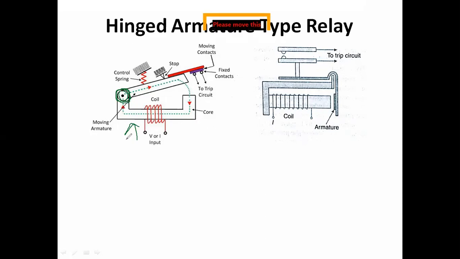But when a high amount of fault current passes through this coil, the moving contact gets attracted towards the fixed contact, and the relay will operate.